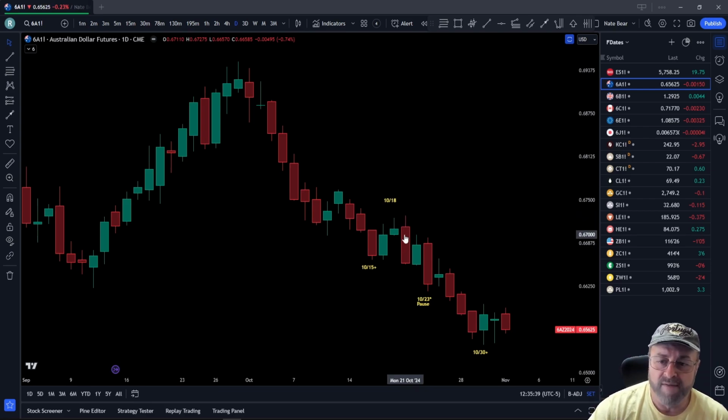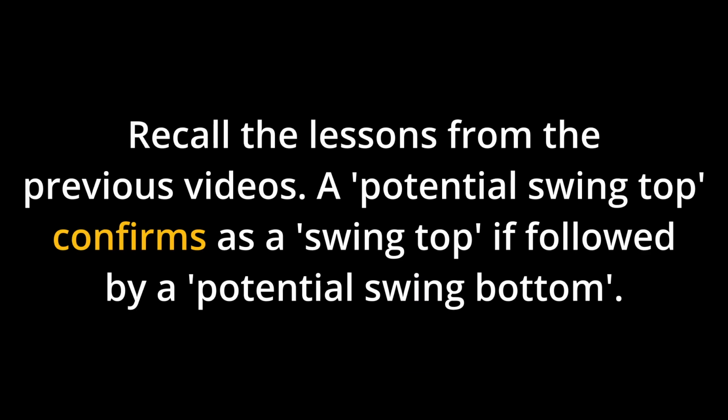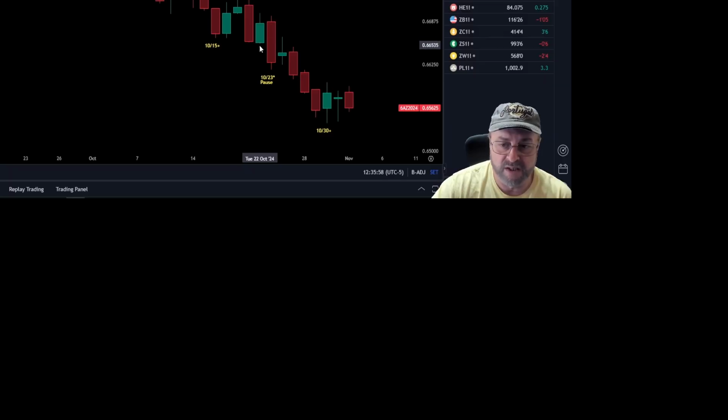And so if you choose, you could sell when it confirms. And when did it confirm? It confirmed right when we had this new potential swing bottom price bar right here. Once it went below its low here, we could have just gone ahead and sold. Let me put a line here for you.